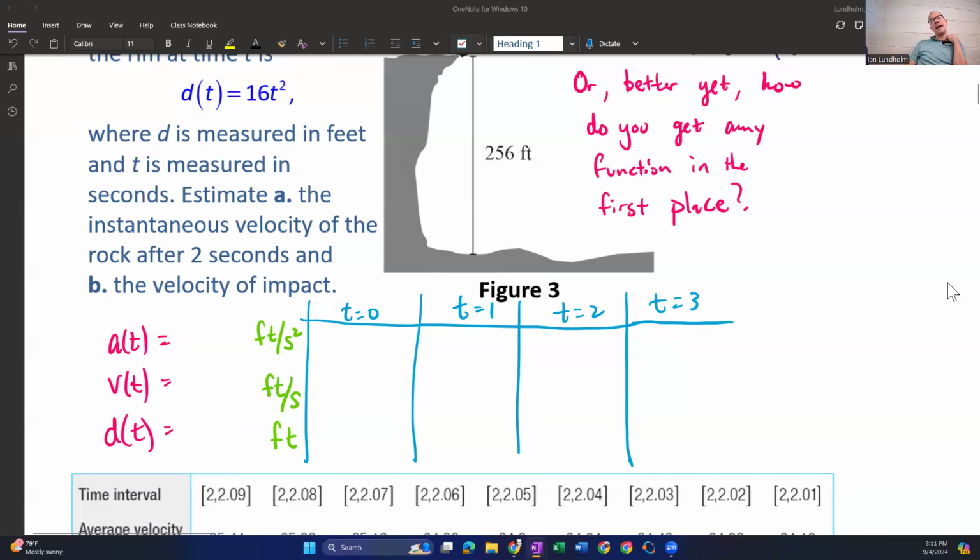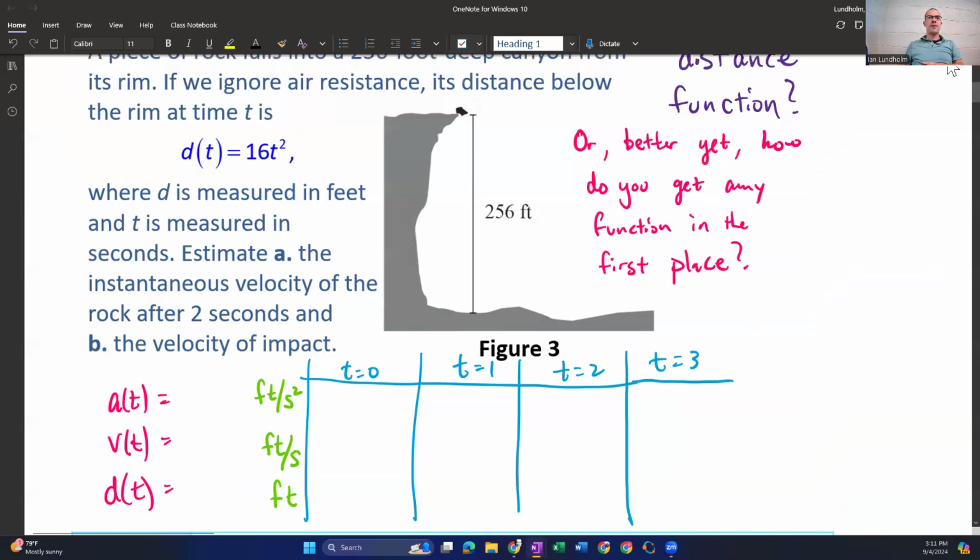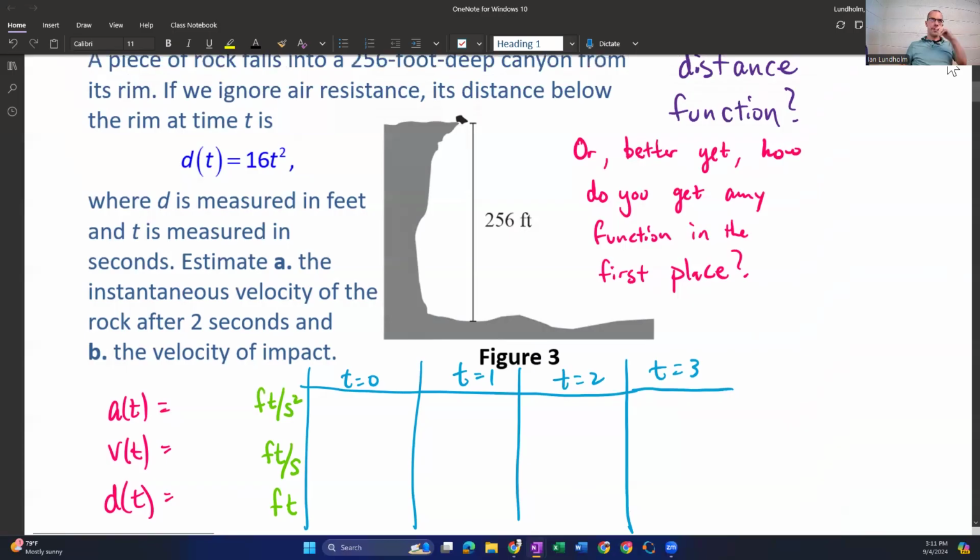And the object that is accelerating is this rock that we're dropping. Let me see if I can scooch up just a little. There we go. Okay, so we're dropping a piece of rock and it is falling.